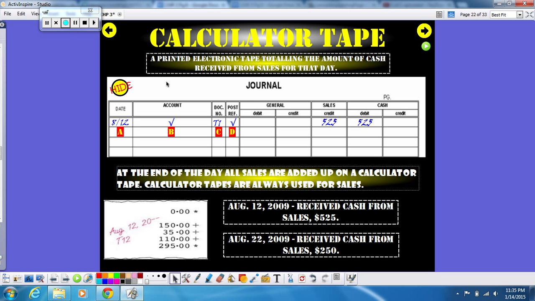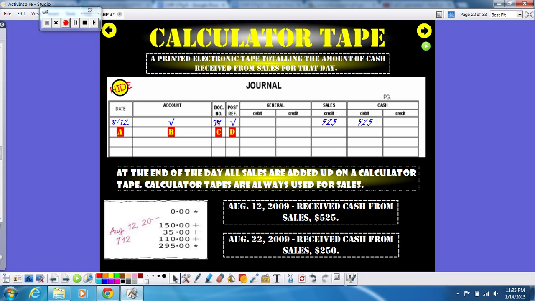Alright, so 812. In the account title, you always put a check mark. Anytime a sale is made, you always put a check mark there. Okay? Now your source document is a calculator tape. We can't use a C because that's what the check is on the check memorandum.